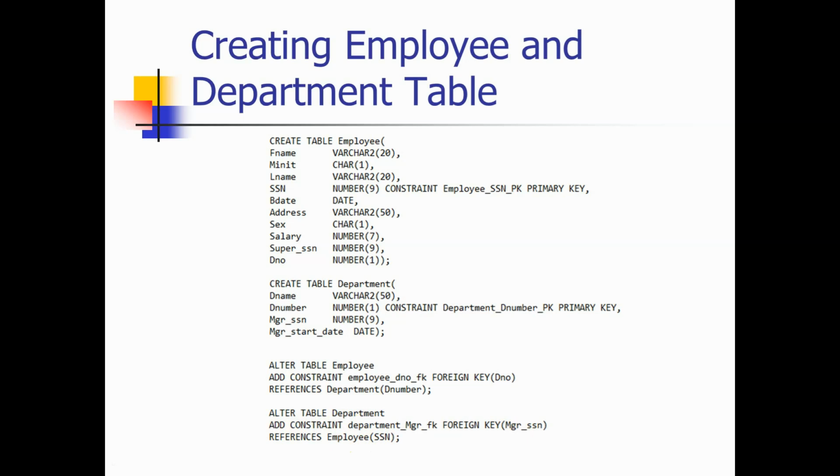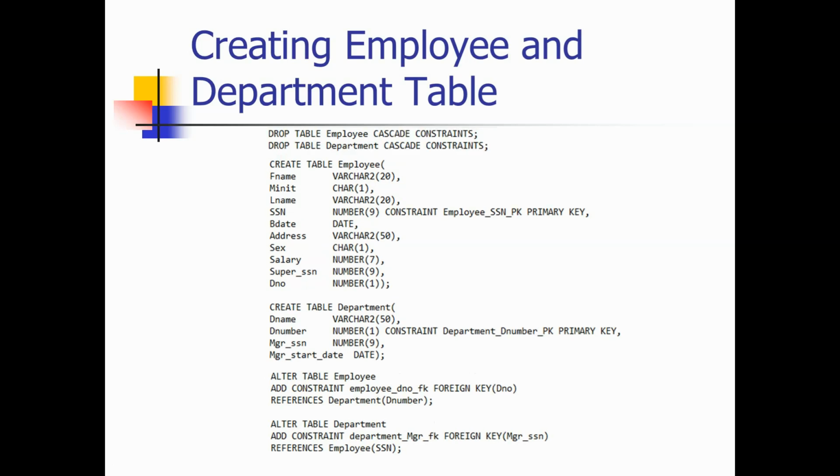I actually have this in the code together with today's lecture so that you can really practice. And I also want to show you how this code is executed. One more thing that I want to mention in the file I provide you. This is the whole copy and paste text that I have. Before we execute anything, you may notice that I do drop table employee, drop table department.